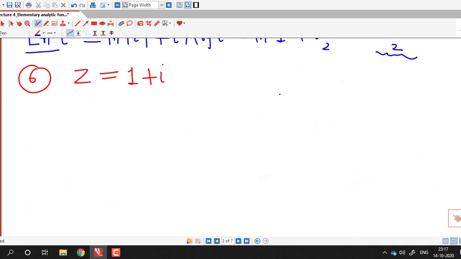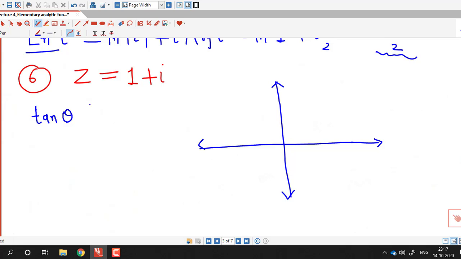What is the location of 1 plus i in the xy plane? If you are familiar with the formula, if theta is the argument of z, then tan theta is y divided by x, that is the imaginary part of z divided by the real part of z, which is 1 here. So the value of theta for which tan theta is 1 is pi by 4.